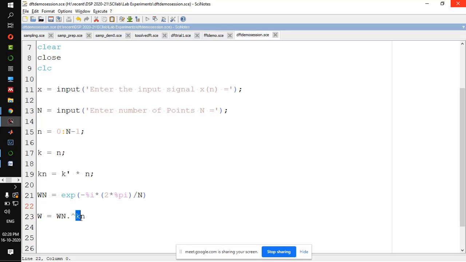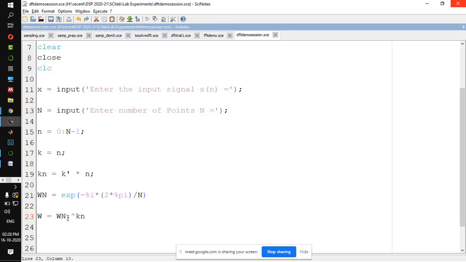That kn is a matrix, and the first row first element has to be multiplied with W_N, the first row second element has to be multiplied with this W_N, and so on. Every element in the matrix has to be multiplied with this W_N.